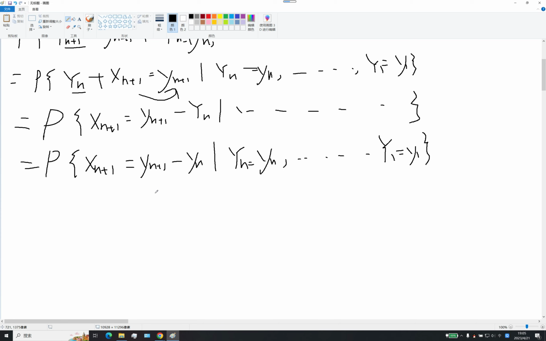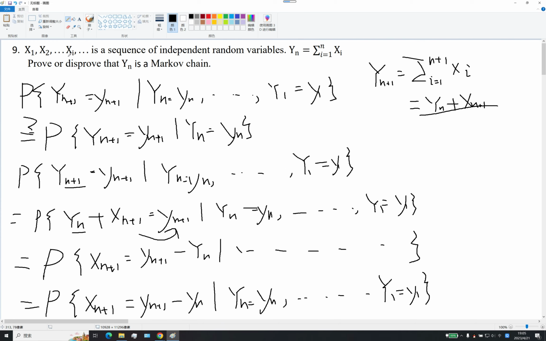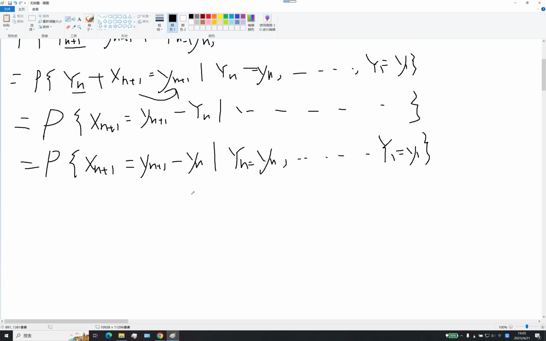Because we know that the X's are random variables and independent of each other, on the condition of this, X(n+1) = y(n+1) minus yn only depends on Yn = yn, because there is only Yn, and it isn't influenced by the other things like this.